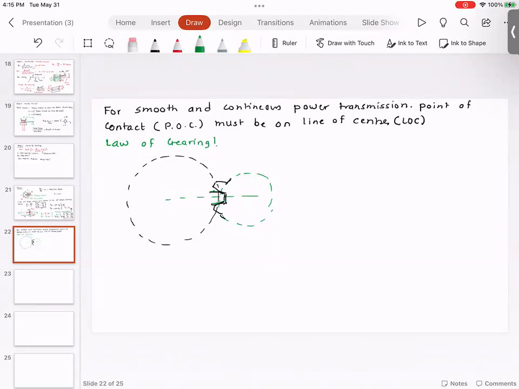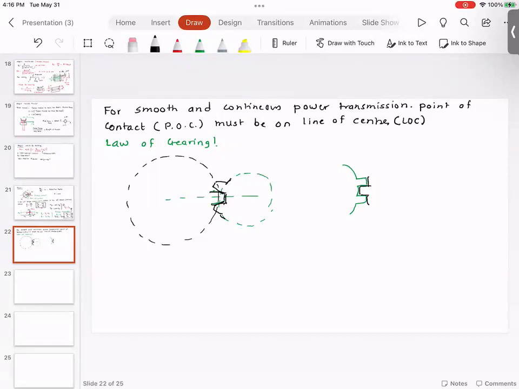Now I want you to think about the shape of the gears. So I have said 2 wheels, and what I'm going to do is cut rectangular teeth. If I cut rectangular teeth, do you think they will be able to rotate freely?